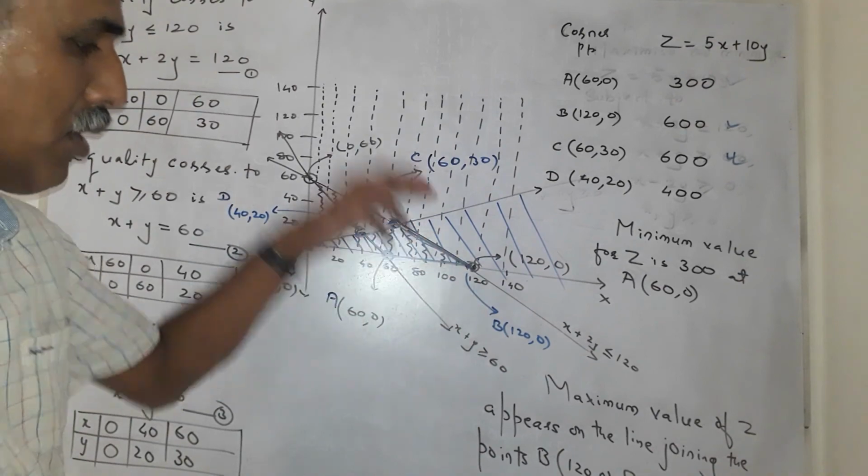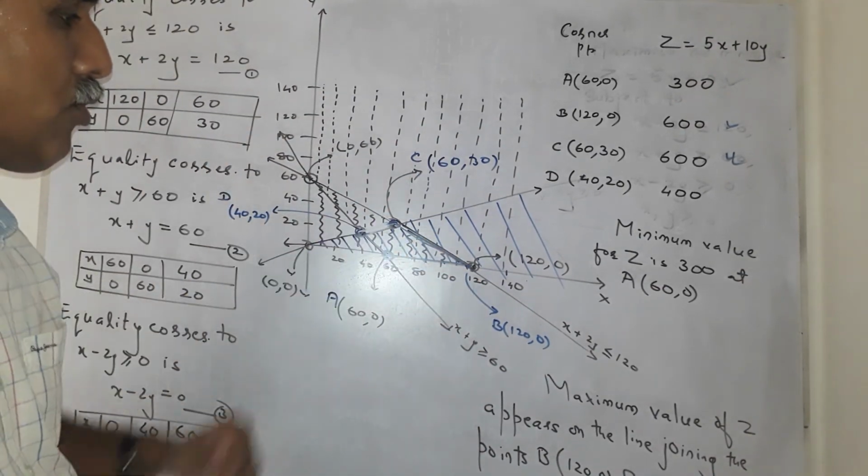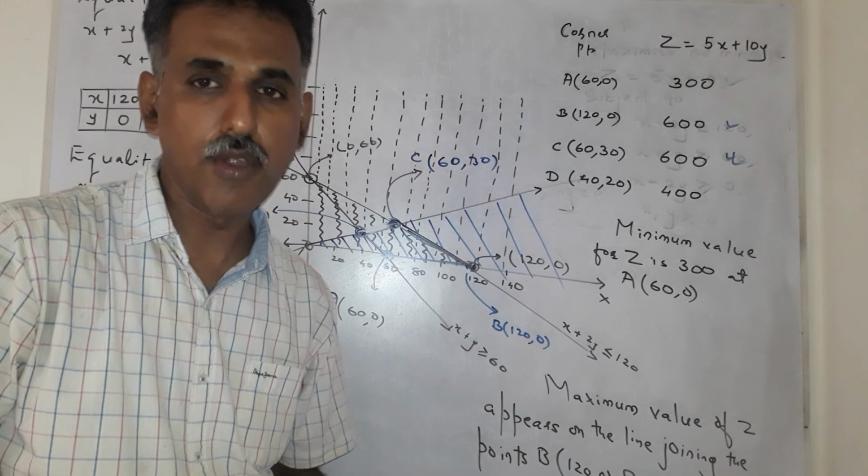This is the line at which you get the maximum value for the objective function.